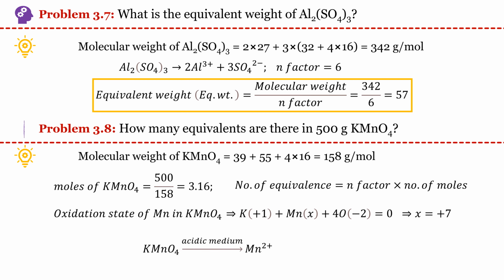Now in acidic conditions, KMnO4 changes to Mn2+. So in this case the oxidation state of Mn changes from plus 7 to plus 2. So n factor will be equal to 7 minus 2, that is the change in the number of electrons, so it will become equal to 5.